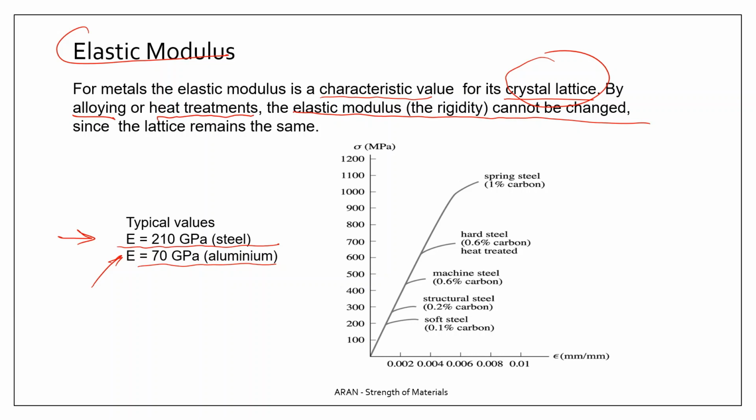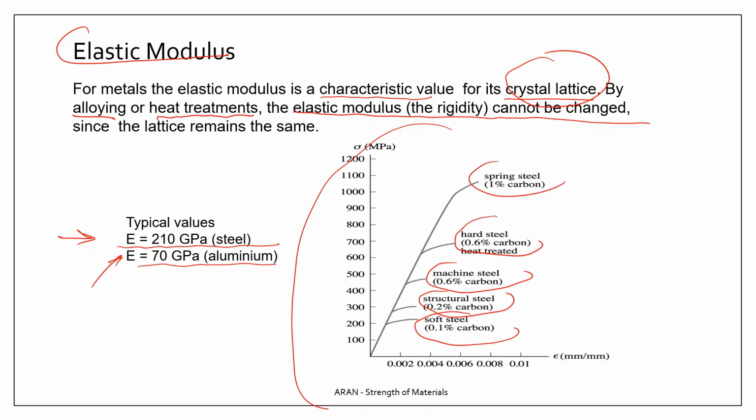As you see in this graph, you have the stress-strain curve for soft steel, structural steel, machine steel, spring steel, hard steel. All of them have the same slope. That is typical for their lattice. And the only thing that changes is their strength values, for example, here, their yield strength.